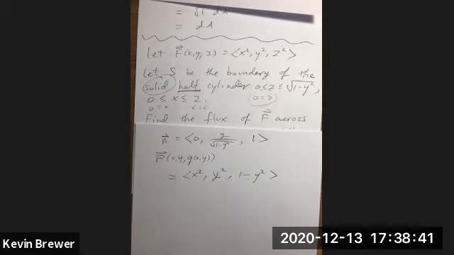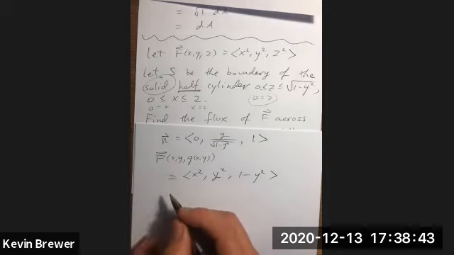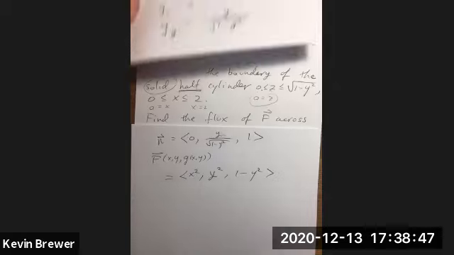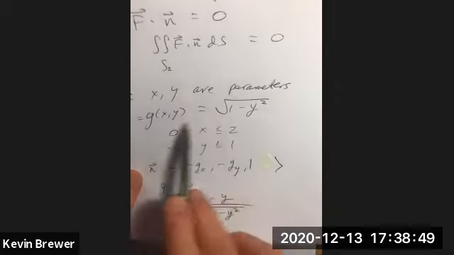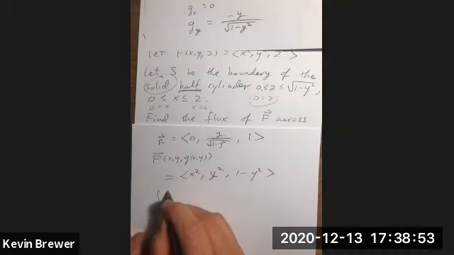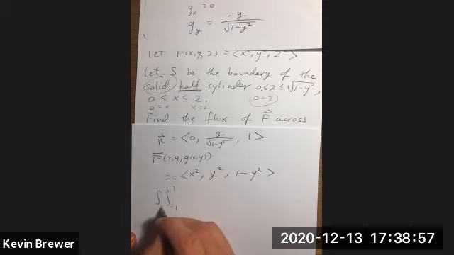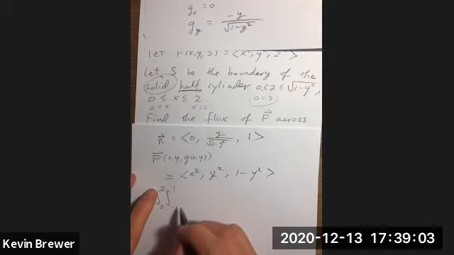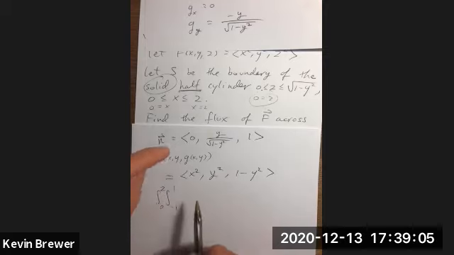All right. And we now can set this up as a double integral over the region in the xy plane. We've got, let's see, I'll do minus 1 to 1 first, 0 to 2. So I'll do the dy integral first.